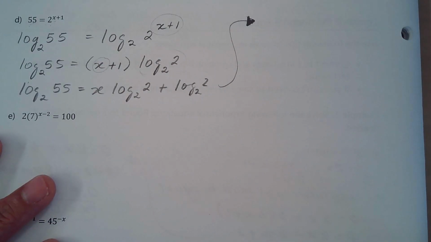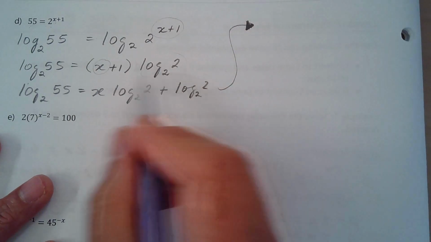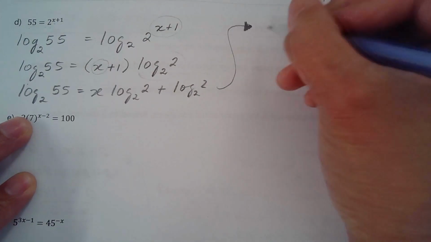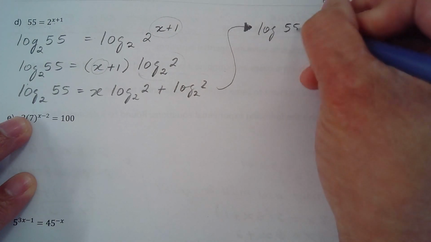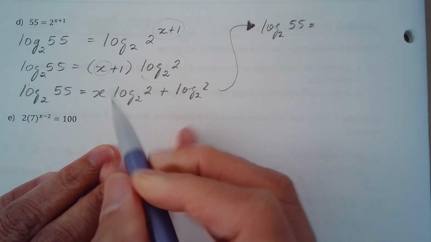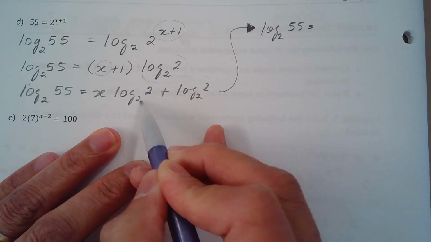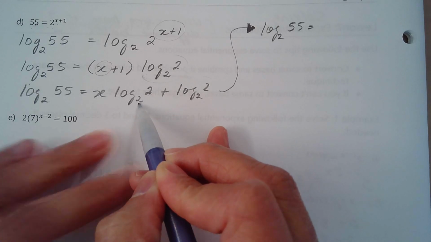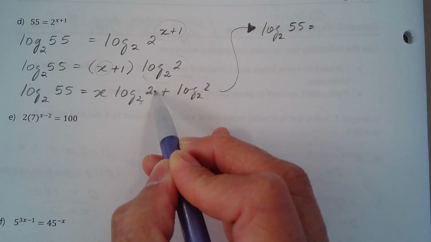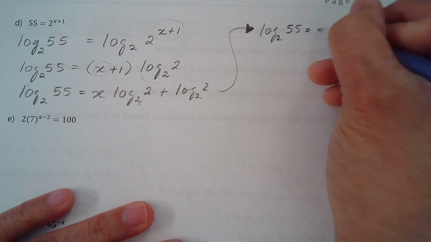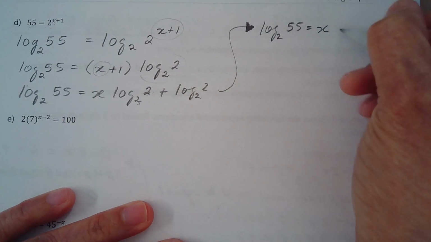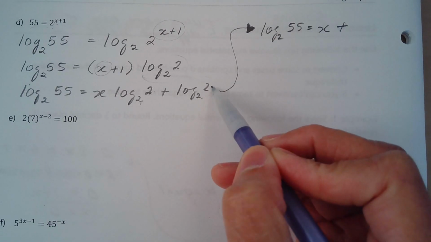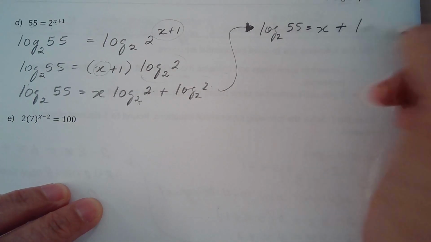Okay, so from here, we've expanded, and this is going to be log of 55 base 2 equals, if you look at this one in here, log 2 to what exponent will give you 2? 1. So this is just going to be x, plus 2 to what exponent will give me 2? 1.